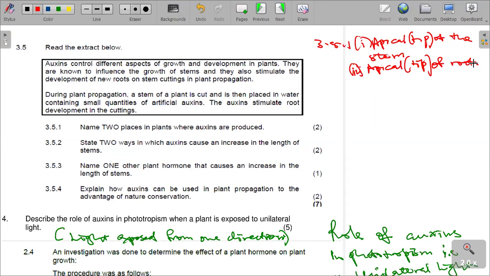And then the next question, 3.5.2, state two ways in which auxins cause an increase in length of plants. In this case, we need to understand that auxins stimulate development in roots. I also mentioned this in our previous presentation: they also stimulate cell division.